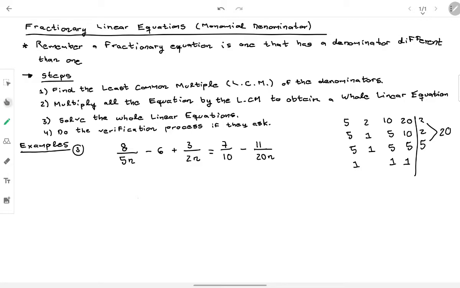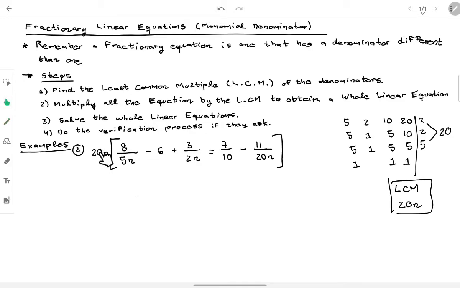But in this case, remember, we have also letters in the denominator. So the least common multiple will be 20n. So we need to multiply all the equation by 20n. And let's see.